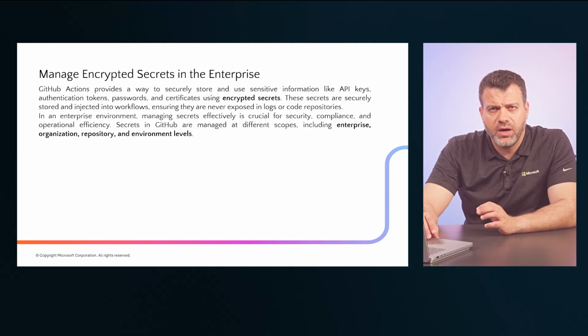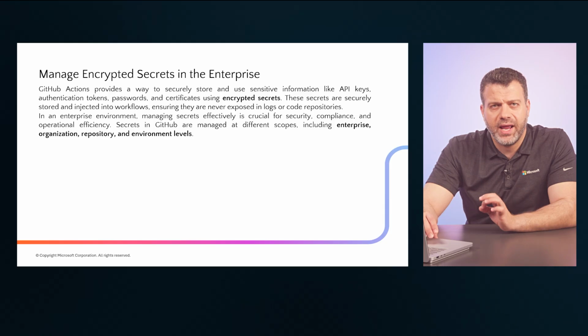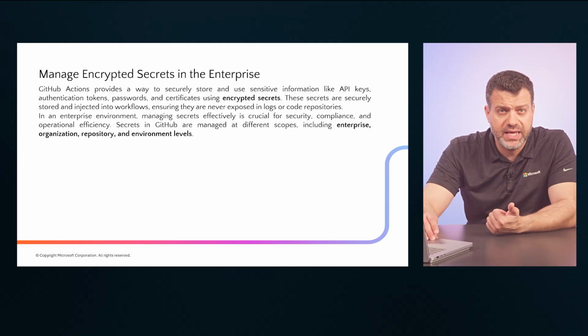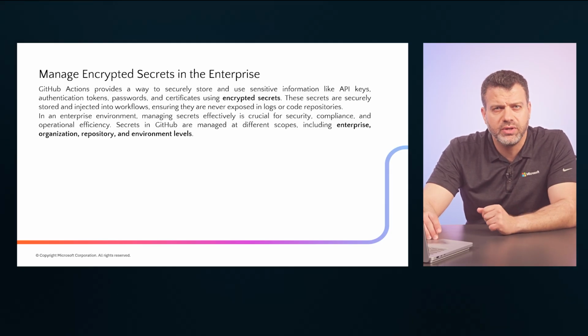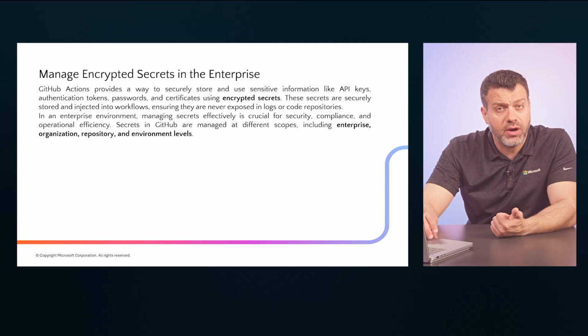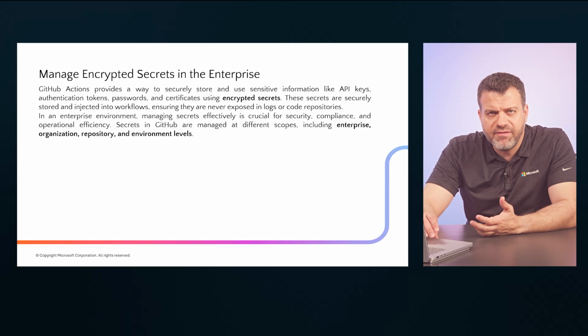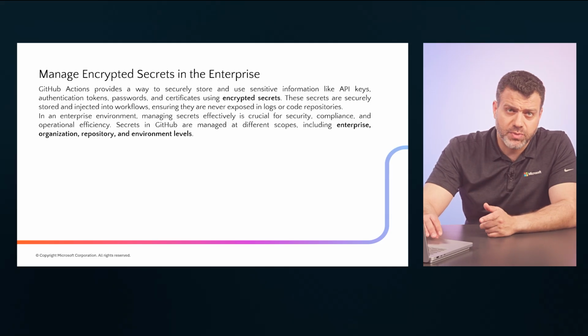Everything we've built so far, workflows, runners, automation, all depends on one thing: how securely we can handle secrets. In GitHub Actions, secrets are used to store sensitive data like API keys, tokens, and credentials. These secrets are encrypted at rest by default, injected only at runtime, and never exposed in your code. That's the best practice.